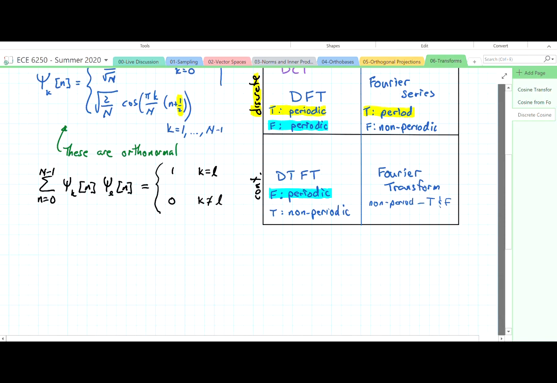And this is one of the characteristics of the cosine transform: depending on how we sample, we get slightly different transforms, and it turns out that sampling at n plus 1/2 tends to work slightly better for data compression.